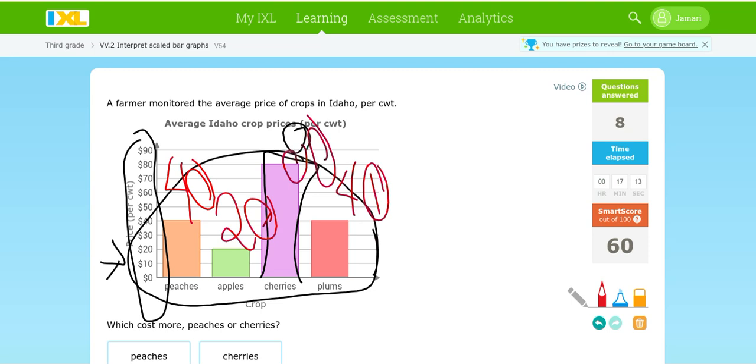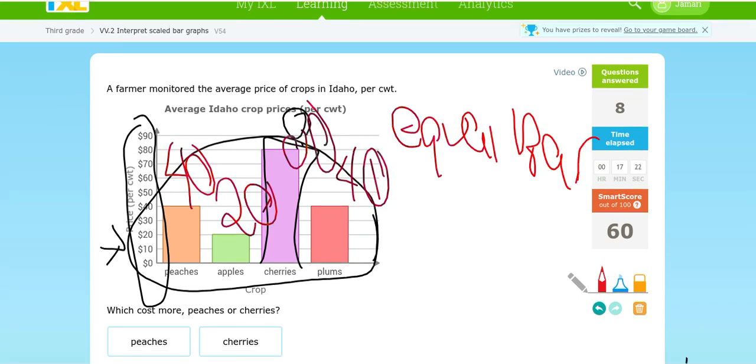So we see an equal bar. Equal bar is the same amount. So it's gonna be P for peaches and plum. They both have 40 as a scale.